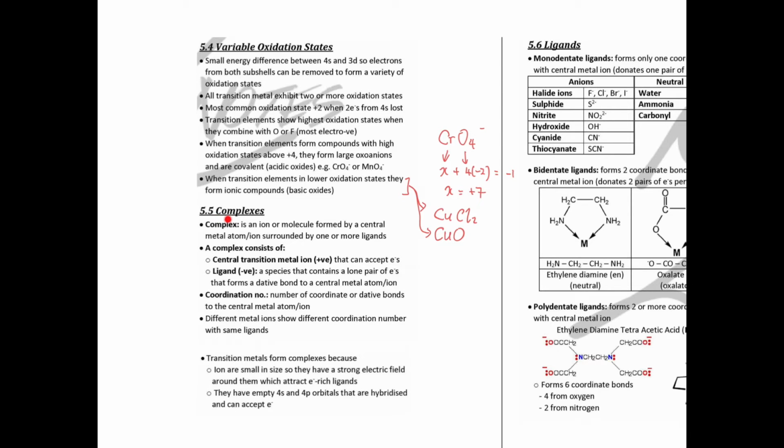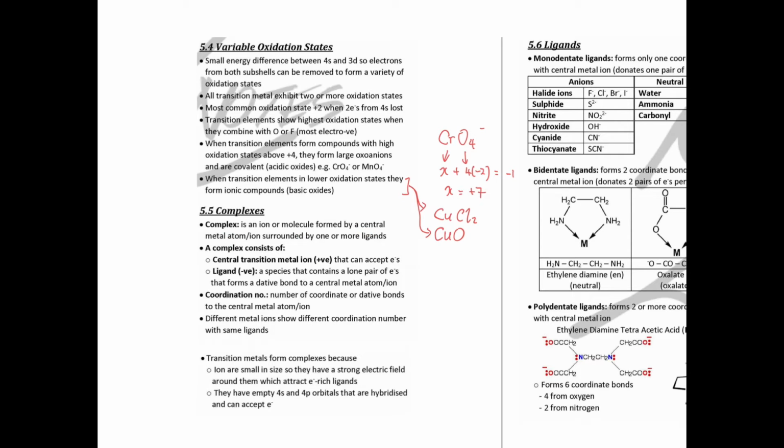So what is a complex here? A complex is an ion or molecule formed by a central metal atom or ion. The central metal is the transition metal, of course. The transition metal can be an atom or an ion, and it's surrounded by one or more ligands.